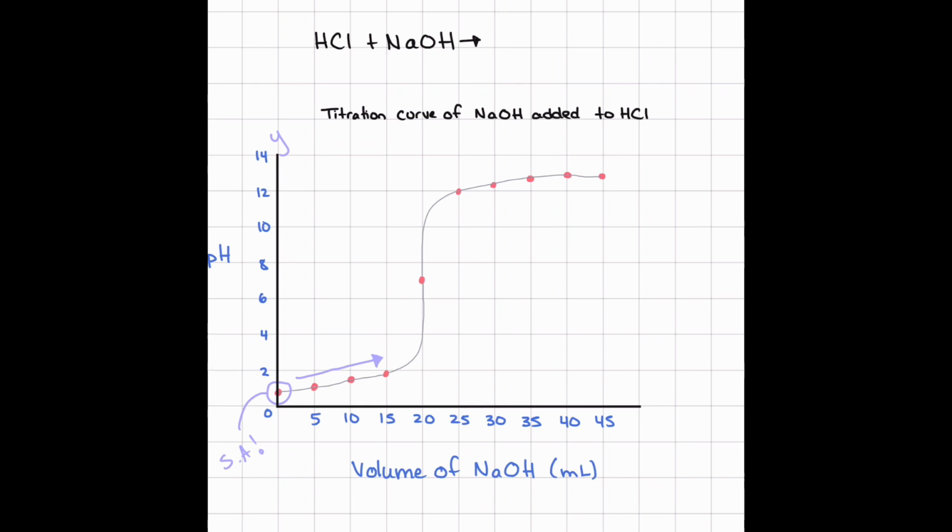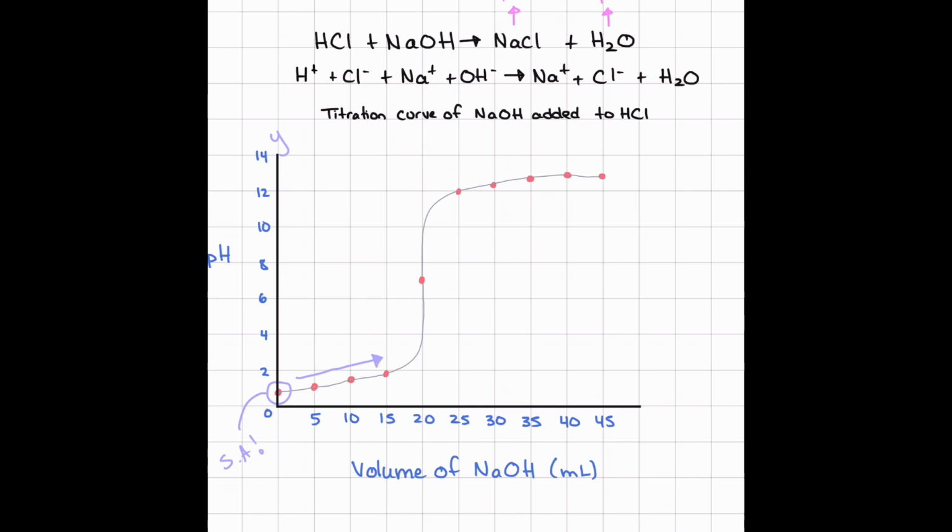And why do we call it that? Let's think about what the products are going to be. We've got NaCl, which is sodium chloride. That is a product with a pH equal to 7. Same with water. So those are pretty neutral compounds.